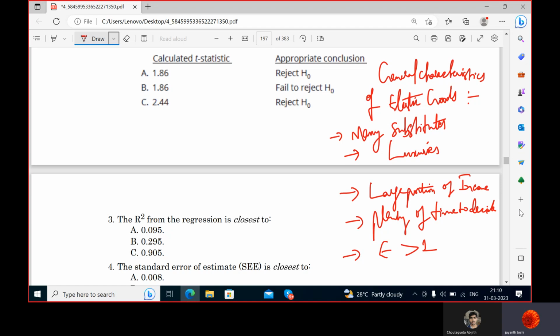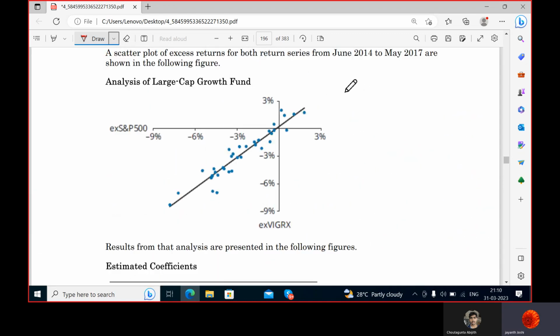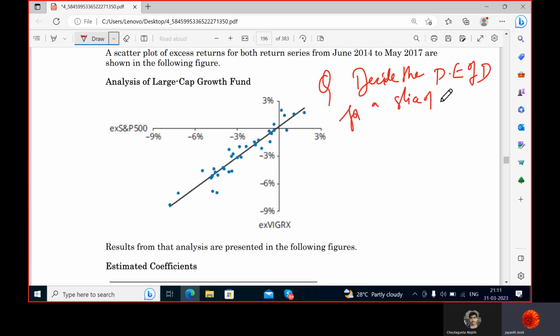Just find out the elasticity, Abhijit. Decide the price elasticity of demand for a slice of pizza.